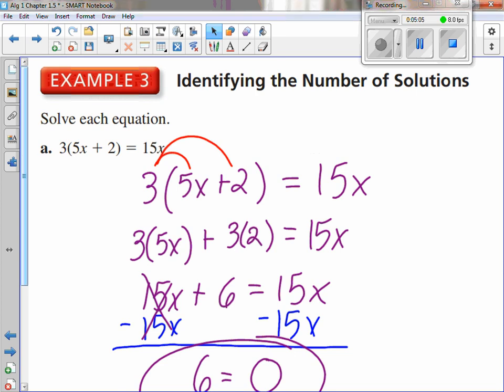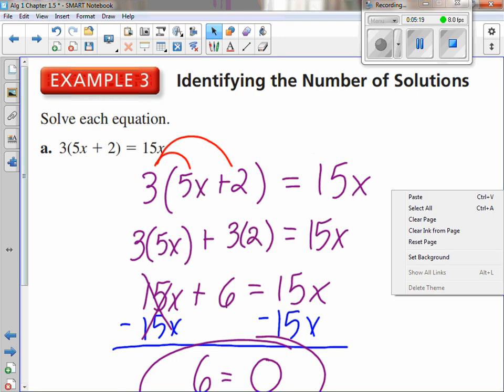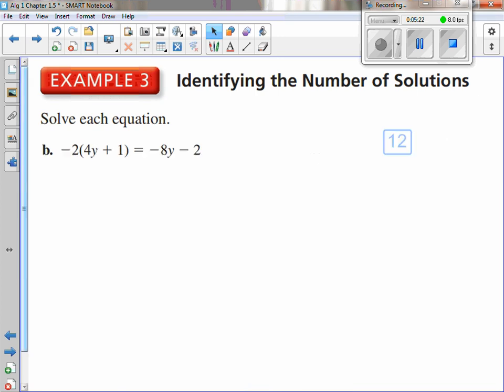So there's no number that works. Does that make sense? Because really, I have 15x and 15x. So if I plug 1 in, this will always be 6 greater than the other side. So no matter what I do, it will not work.